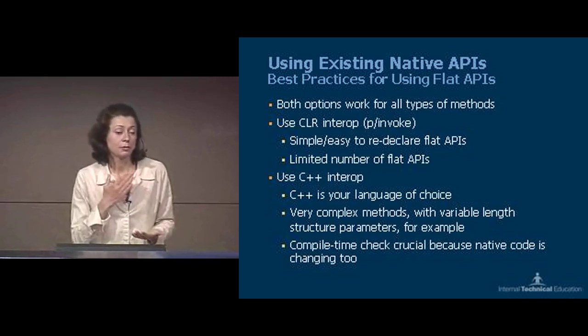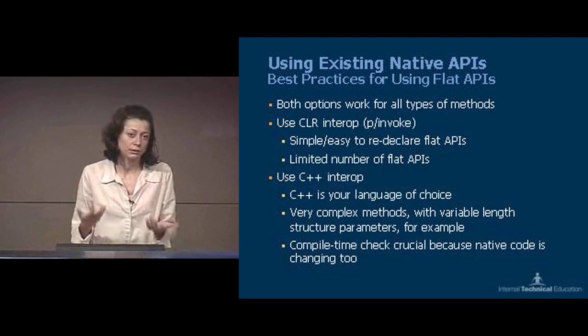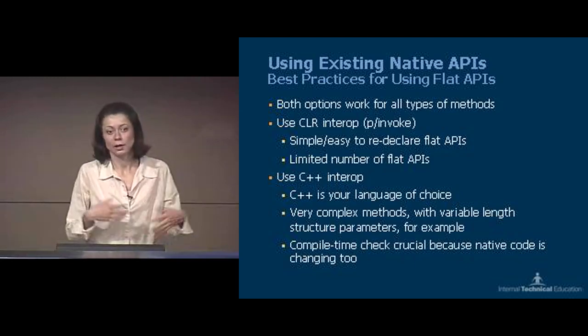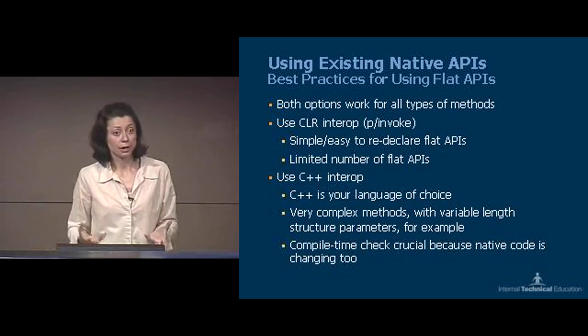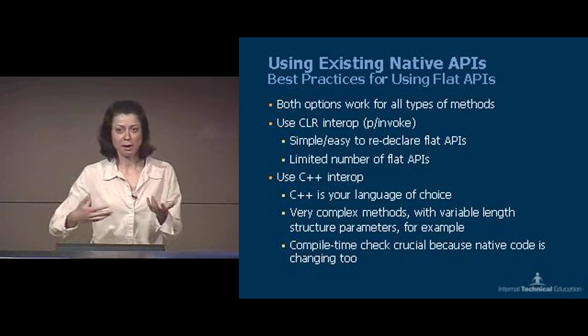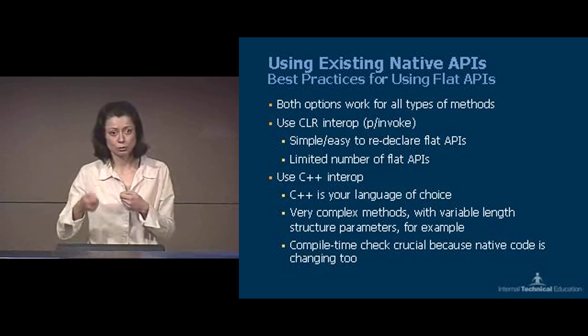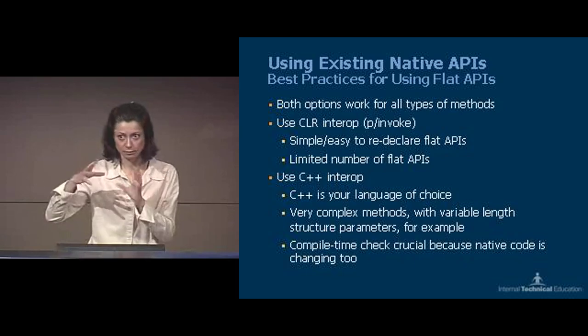On the other side, we recommend using C++ interop. Obviously, if C++ is already your language of choice and not C#, this is kind of obvious. But also, if you're calling very complex methods that use parameter types that are not easy to represent in managed code, like structures with variable sizes.